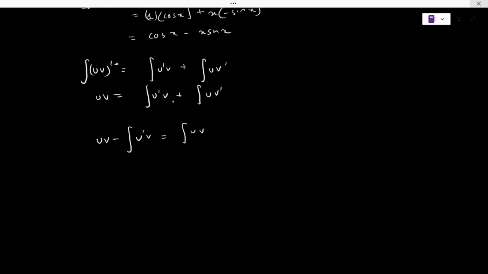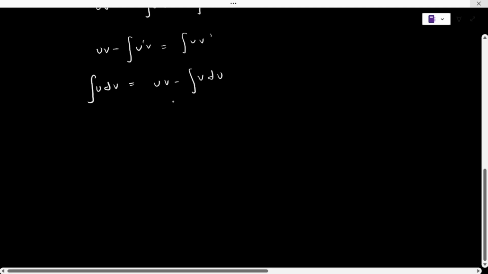This is the general form of integration by parts. We can also rewrite this as the integral of u times dv is equal to uv minus the integral of v times du.